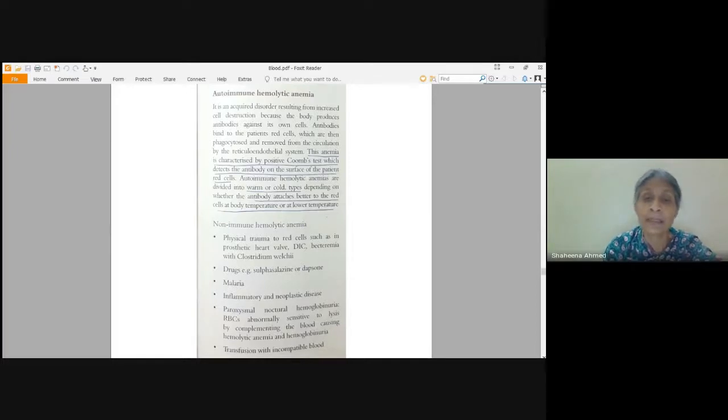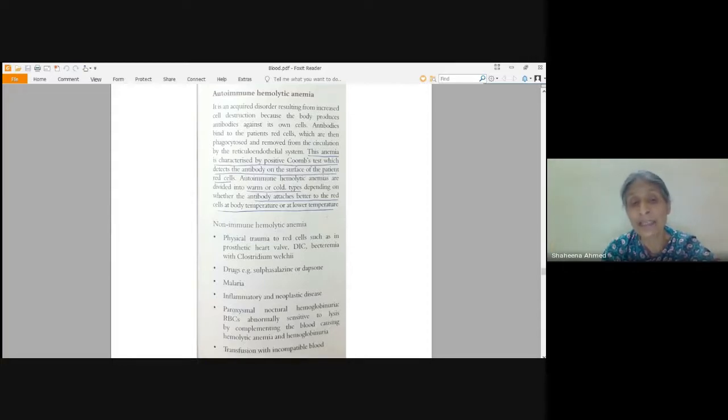Now, these autoantibodies, which are formed in an individual who has autoimmune hemolytic anemia, in some individuals attach to the RBCs better at body temperature, and in some cases attach to the RBCs if the temperature is lower or cooler.